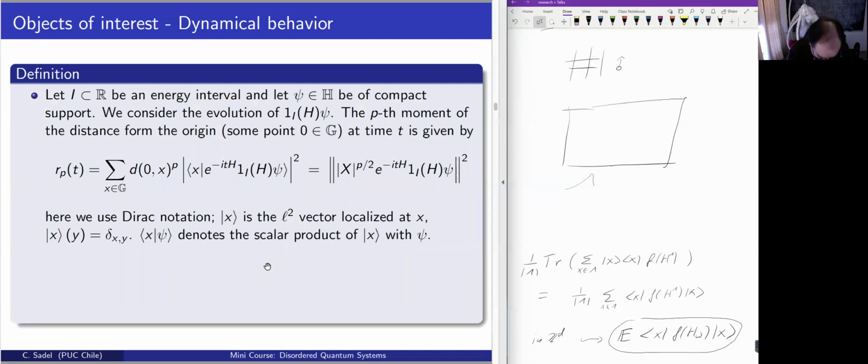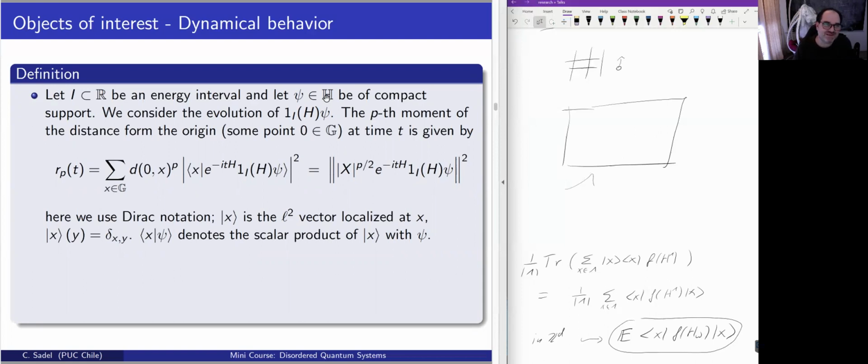Okay, and the last object of interest I want to introduce is about the dynamical behavior. So we start with some vector in the Hilbert space of compact support, so with some state that is localized in some compact region, or in the discrete case a finite region.